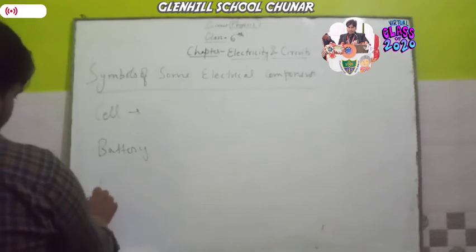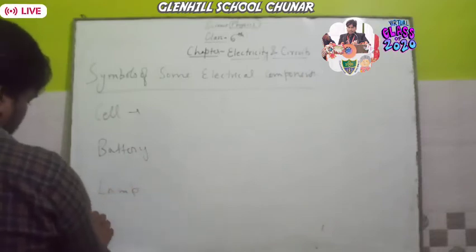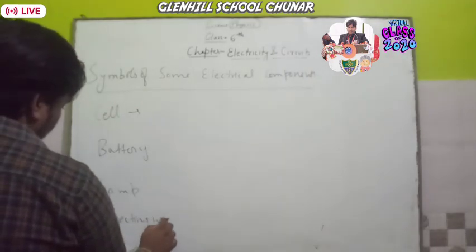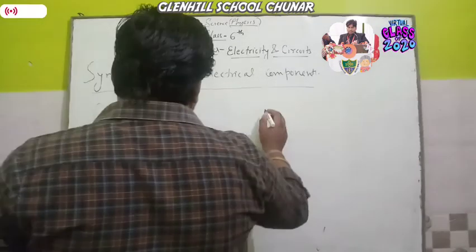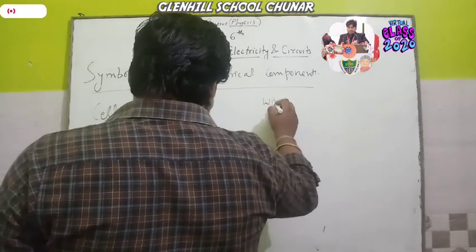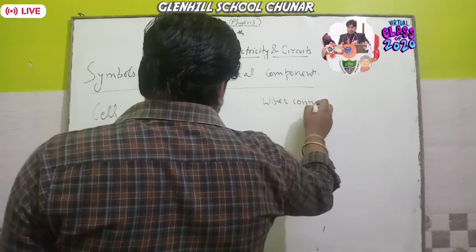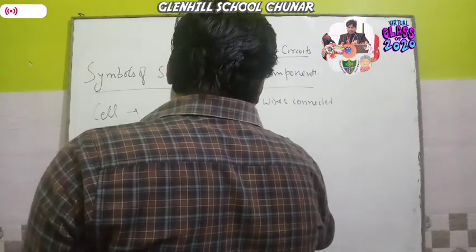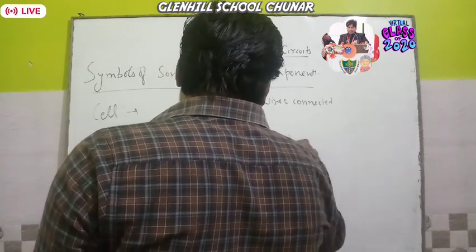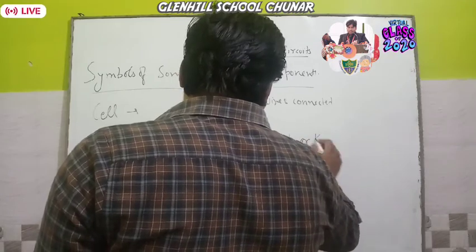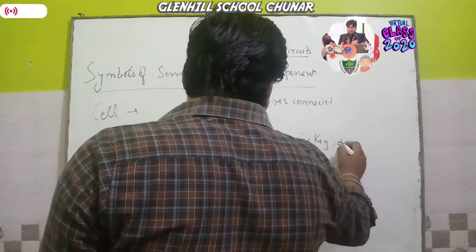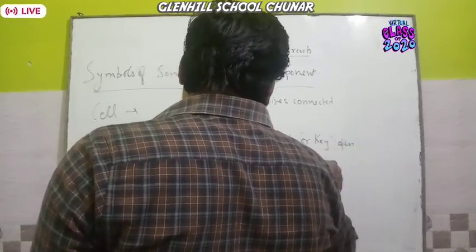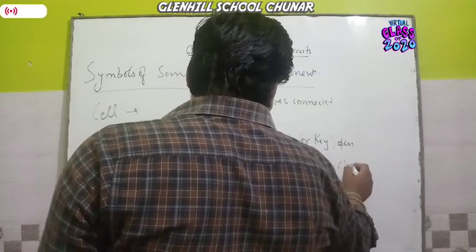Third one is lamp. Fourth one is connecting wire. Next one is wires connected, and switch or key, that is open, and switch or key, that is closed. Okay?